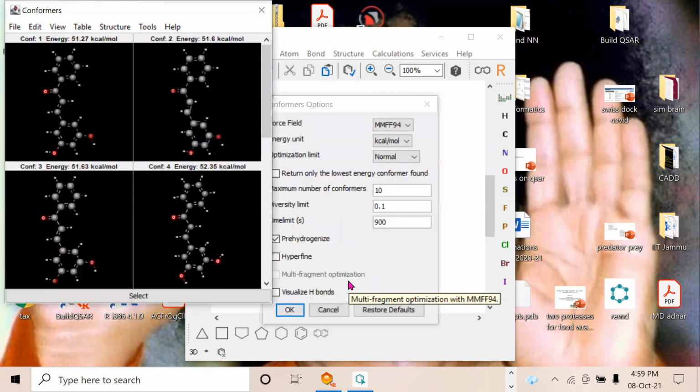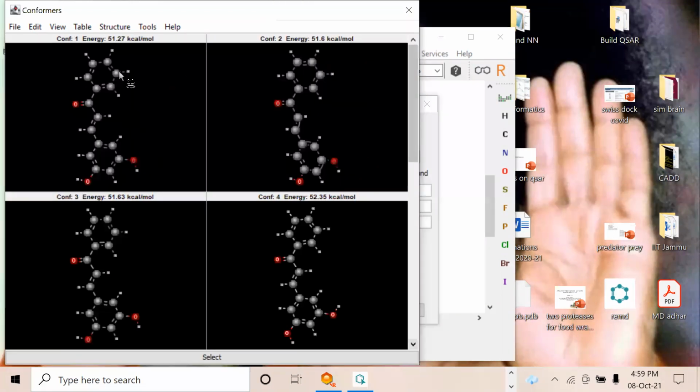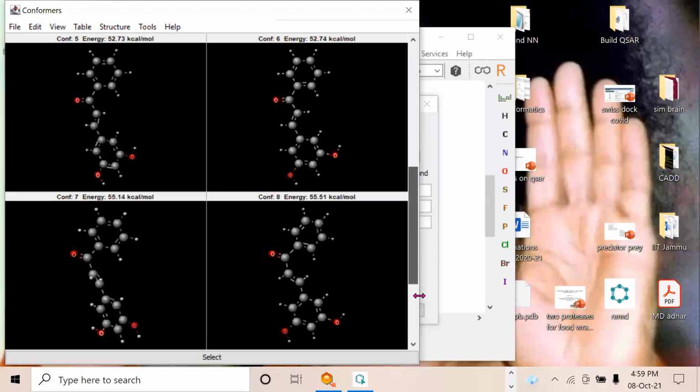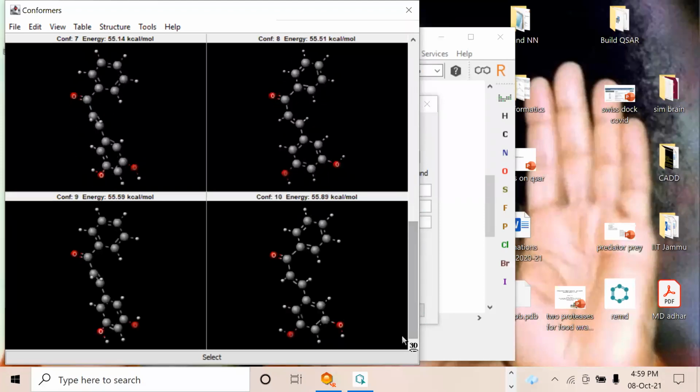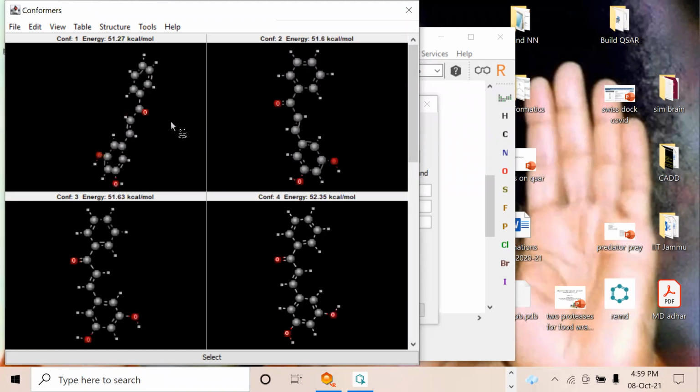Torsion is like the third dimension, and they give energy. See, 51.27 kilocalories, 51.63, and so you can see. This particular conformation is the minimum energy conformation of that molecule.